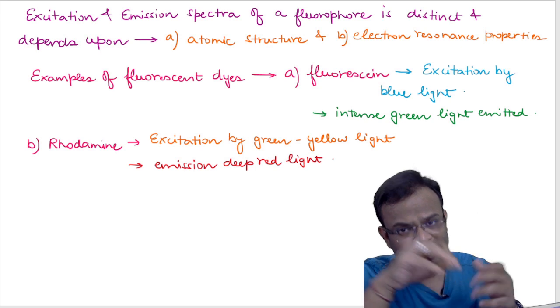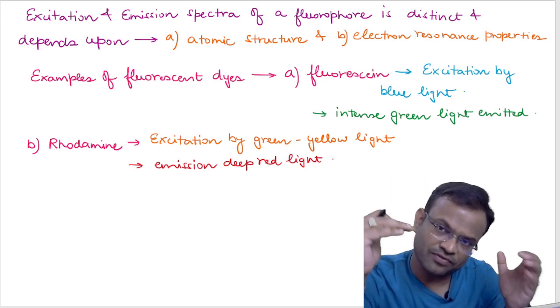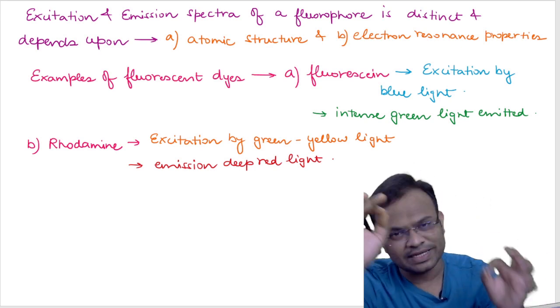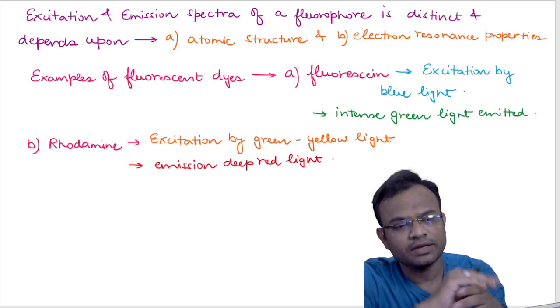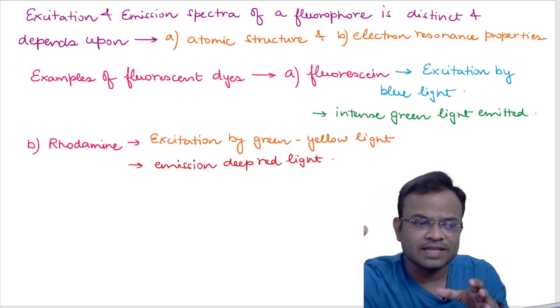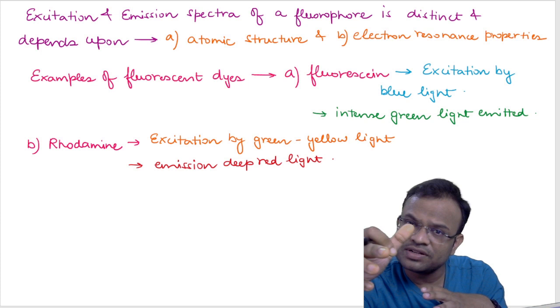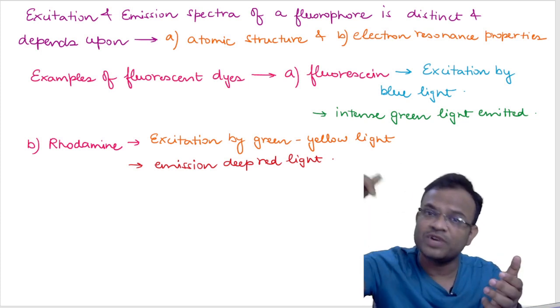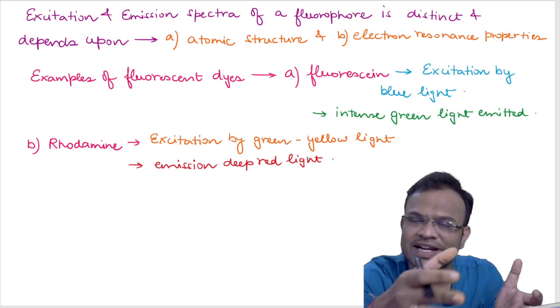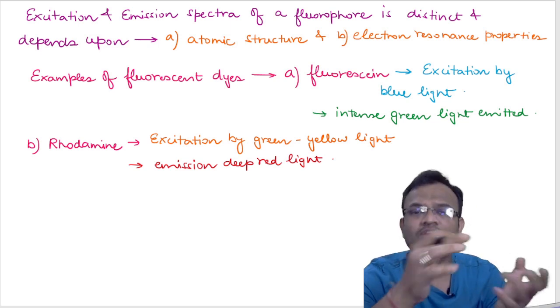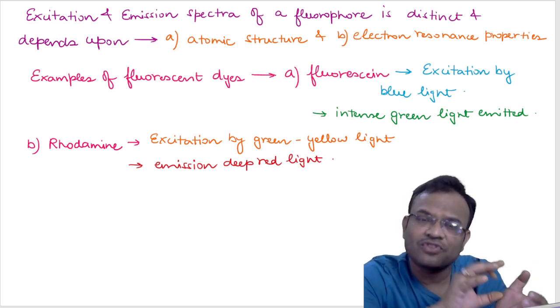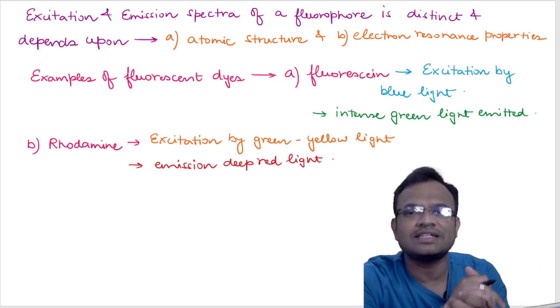You cannot excite all the fluorophores by one single light, right? That is why we are saying excitation, that means with which wavelength of light you are exciting a particular fluorophore, or which wavelength of light the fluorophore is emitting after getting excited.